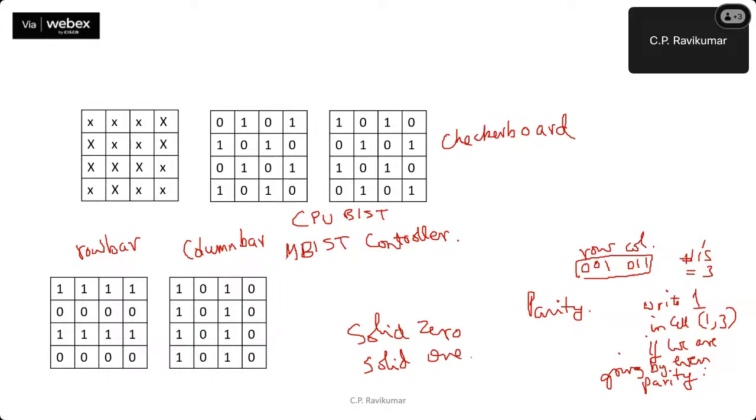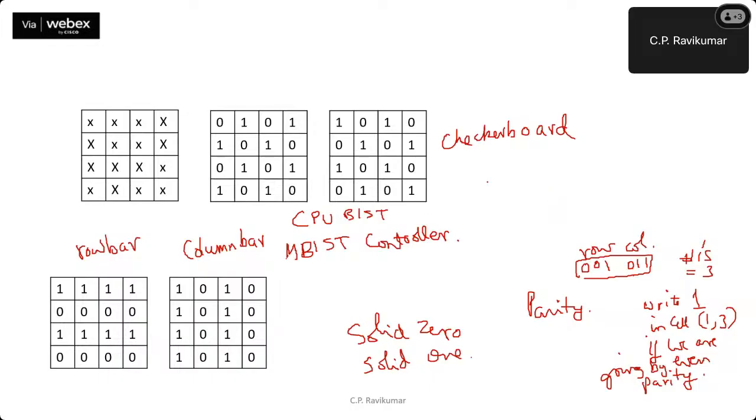using patterns like this. You will realize that even if I do this simple checkerboard pattern, I will have to write to all the bits, right? I will have to write to every cell at least twice, and I have to read back from every cell at least twice. Okay?